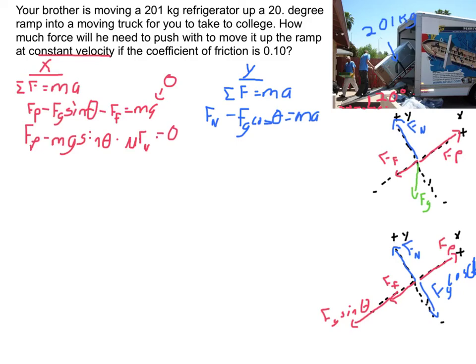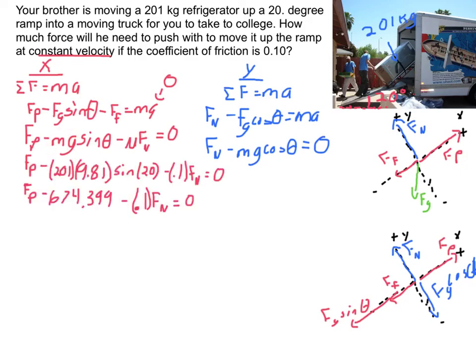Let me jump over to the y-axis and break things down there for a second. Fn minus Fg, which always turns into mass times gravity, cosine theta, equals, once again, 0 because the object isn't flying up off the ramp or plunging down through it. All right, so I'm looking for Fp. Here it is in the x-axis, so I'm going to start plugging in numbers and solving as far as I can there. I plugged in the mass, 201 kilograms, gravity 9.81, and the angle theta 20 degrees.